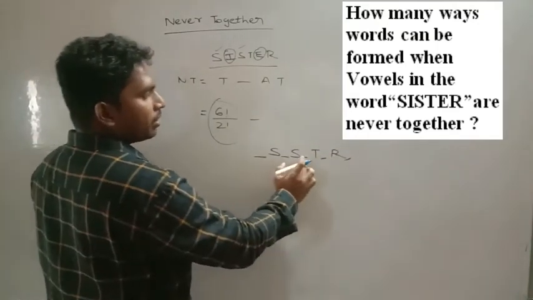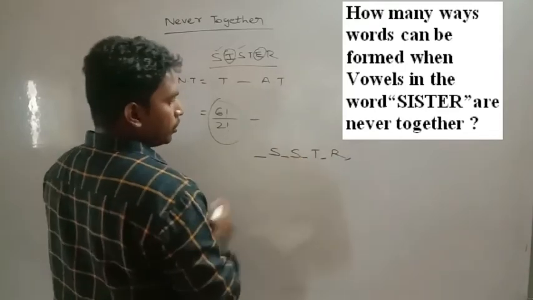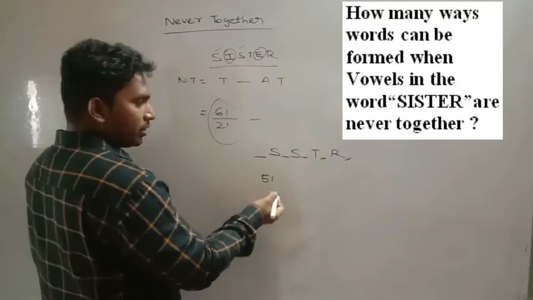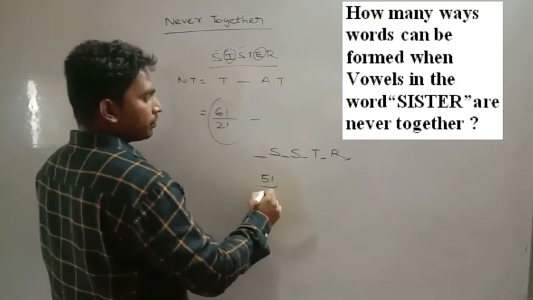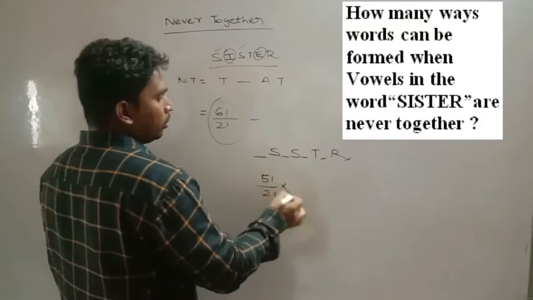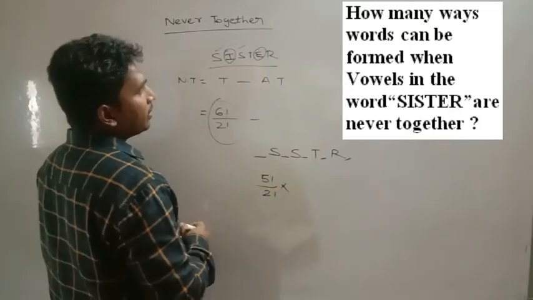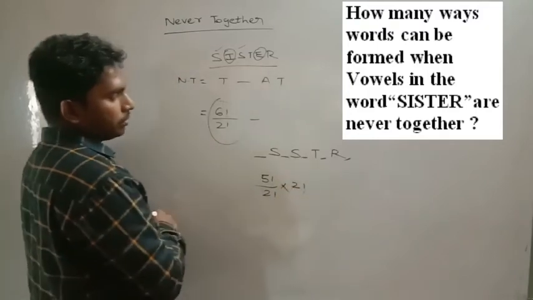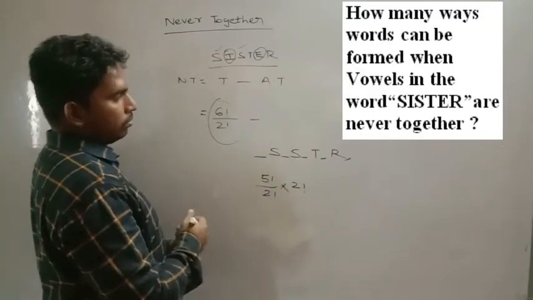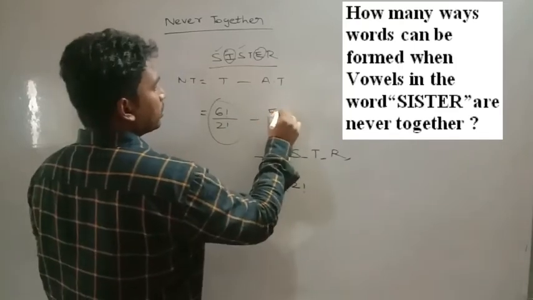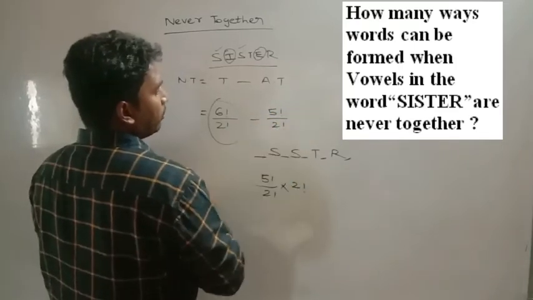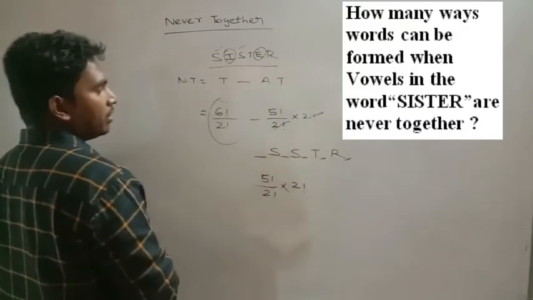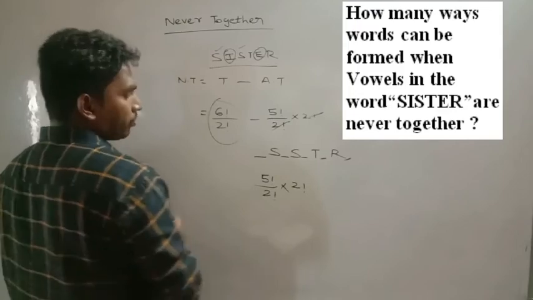How many blanks are there? 1, 2, 3, 4, 5. So 5 factorial, and S is repeated, so divided by 2 factorial. Into how many vowels are there? I and E, 2 vowels, so 2 factorial. Is anything repeated? No. So 5 factorial by 2 factorial into 2 factorial, and the 2 factorial will get cancelled.